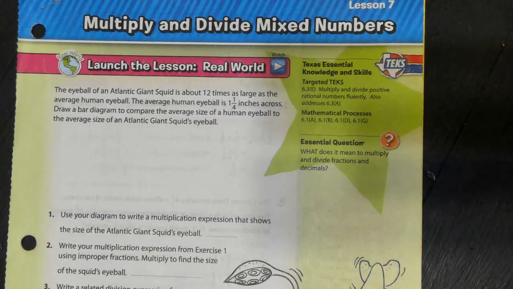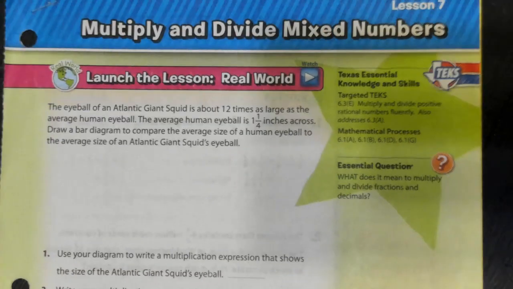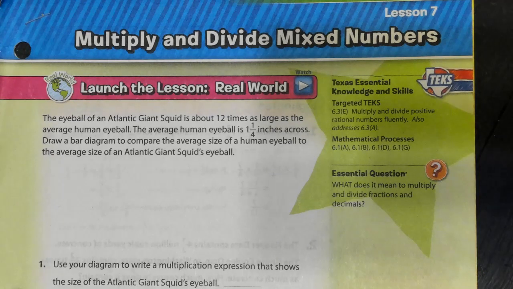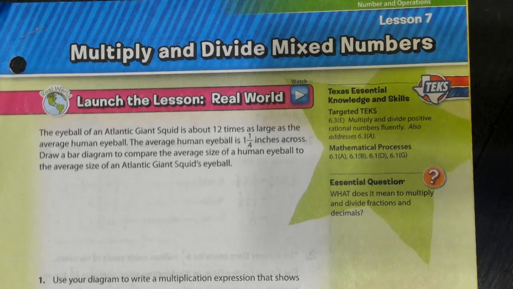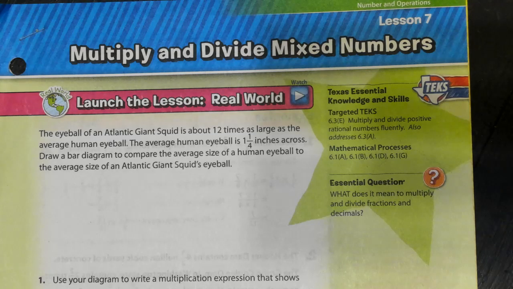Okay. At the top, it talks about a real-world situation, the eyeball of an Atlantic giant squid. The eyeball of an Atlantic giant squid is about 12 times as large as the average human eyeball, and the average human eyeball is 1 1/4 inches across.